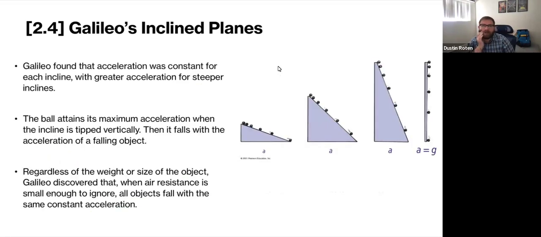So Galileo found that acceleration was constant for each incline. So this value of A was the same for each incline.